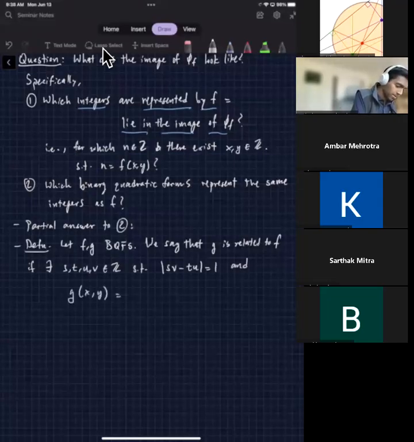So g of x comma y is just f of sx plus uy comma tx plus vy.